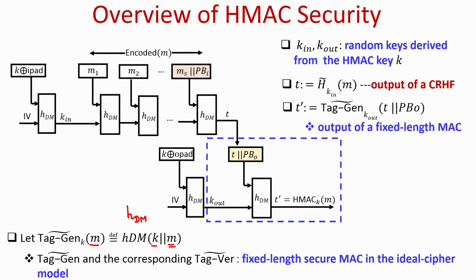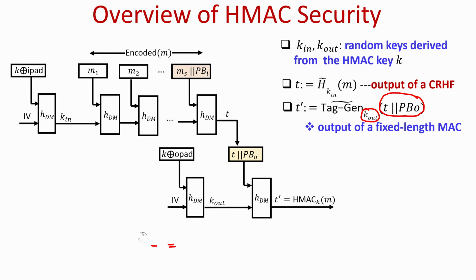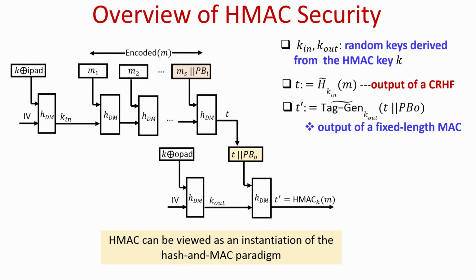If that is the case, then the output T dash we are obtaining can be considered as the tag for the message T concatenated with padded bits under the key K out, and as per our assumption the key K out is computationally indistinguishable from a uniformly random key. That means we can imagine that T dash is an outcome of a fixed length MAC.